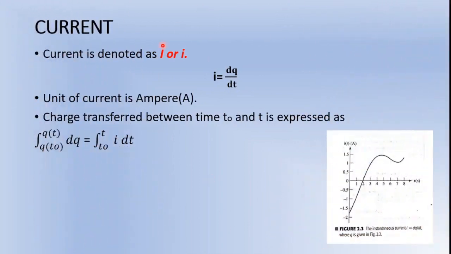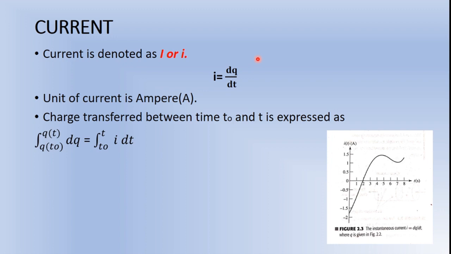So we all know that current is represented as I, capital I or small i, and the formula for i is dq by dt. So q represents the charge, and since charges move, they vary with time, we use differentiation here. So anything that changes, always we use differentiation. Differentiation means a variation, difference.